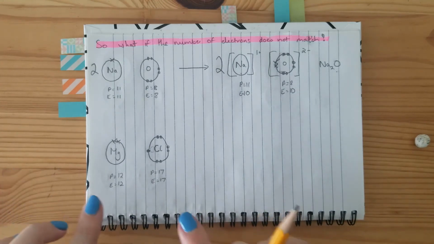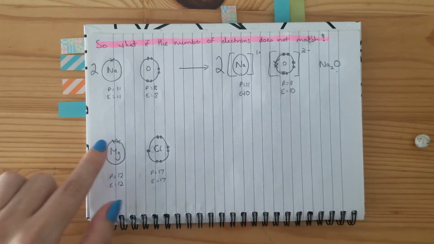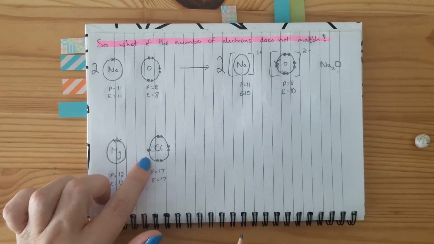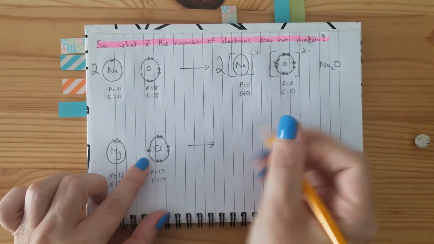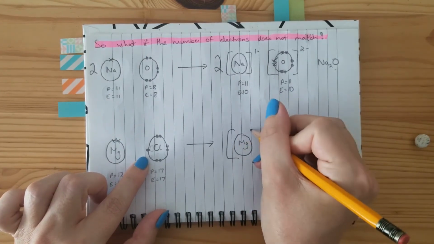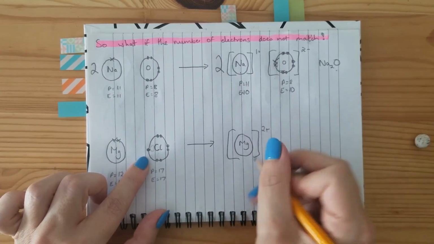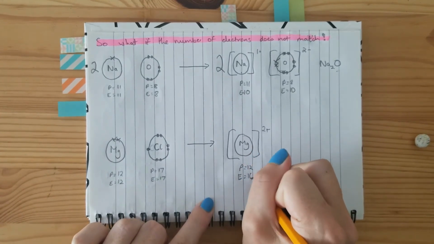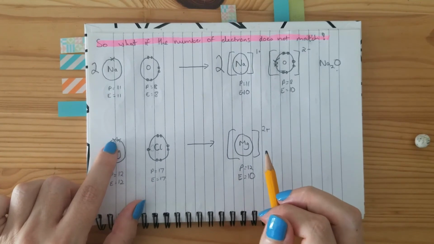So if we did magnesium and chlorine, like we did last time, magnesium's got to lose its 2 electrons to get to that full shell. Chlorine only has 1 gap. So our magnesium, as we know, is going to form a 2 plus ion because it will end up with 12 protons but only 10 electrons. It has to lose both of those electrons.